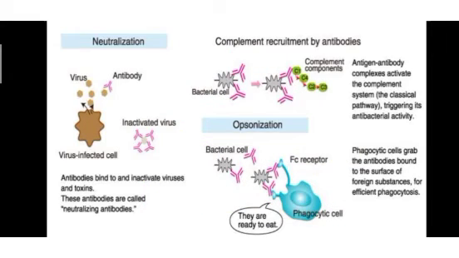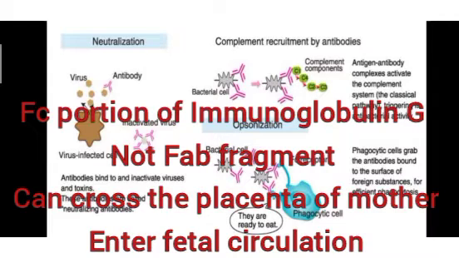Serum IgG in a healthy human is approximately 15% of total proteins, besides albumin, enzymes, other globulins, and many more. The Fc portion of immunoglobulin G, not the Fab fragments, can cross the placenta of a mother and enter fetal circulation, providing the fetus with postpartum protection.